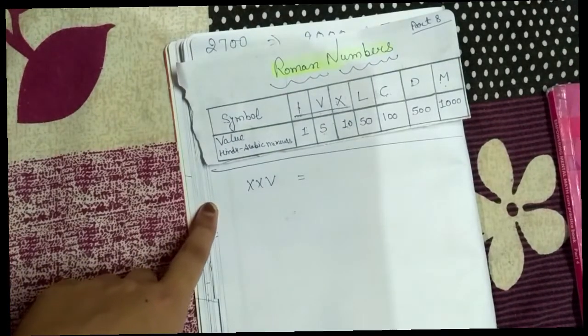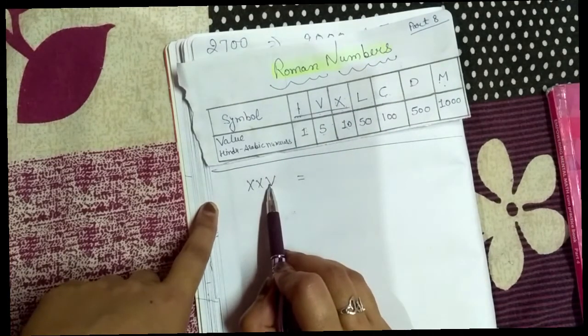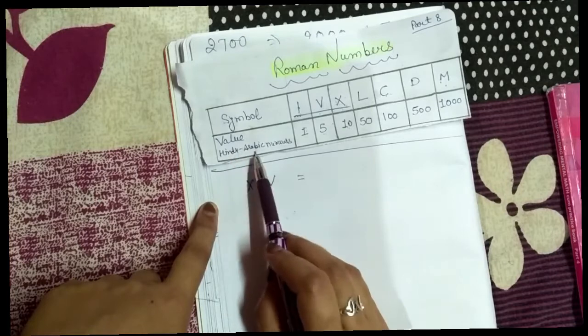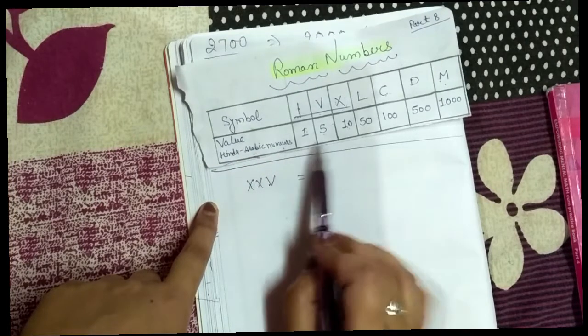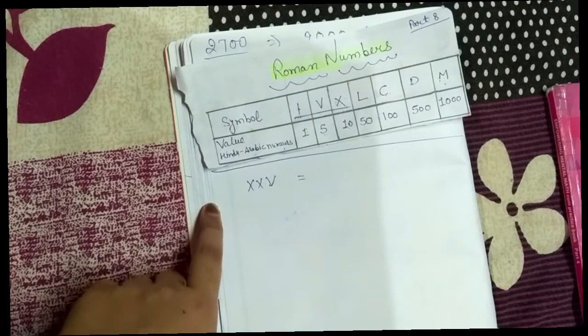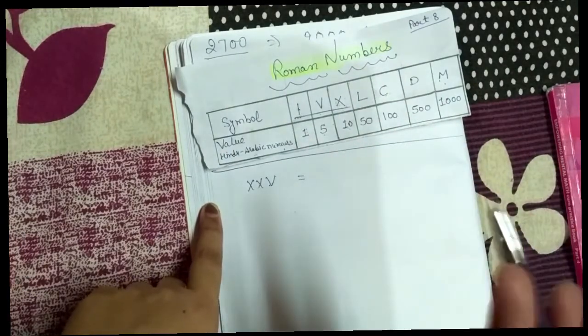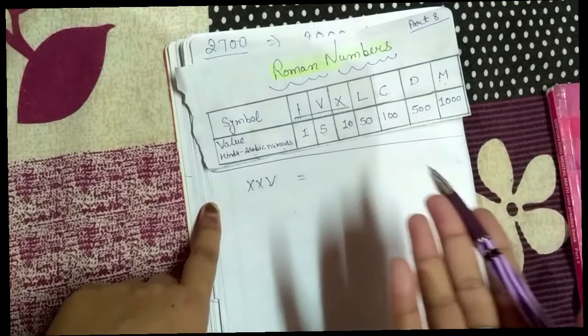What if I go the other way around? Means we have been given Roman numerals and we have to convert, or you can say we have to write in Hindu Arabic numerals, means normal counting. Okay, let's see how we can do that. For this, it's very easy. Just see the table, or I would say just remember this table, learn this table properly.